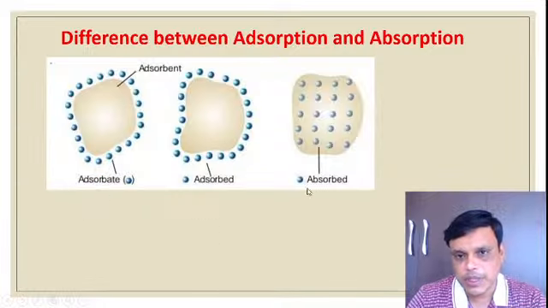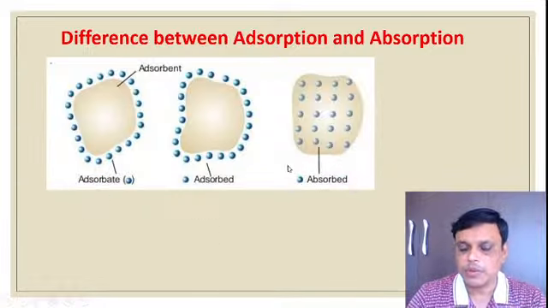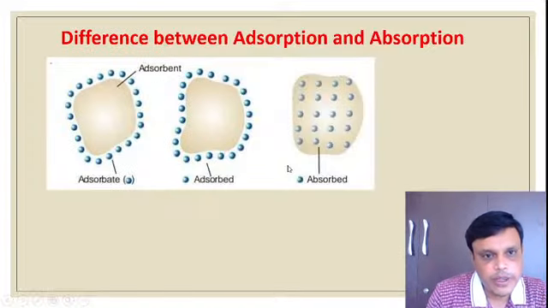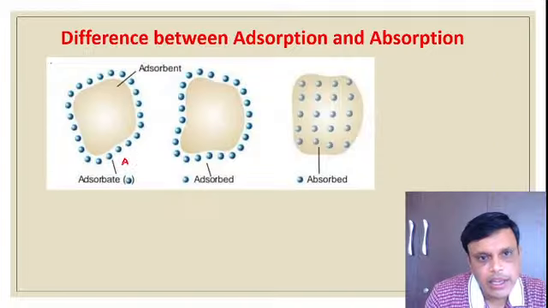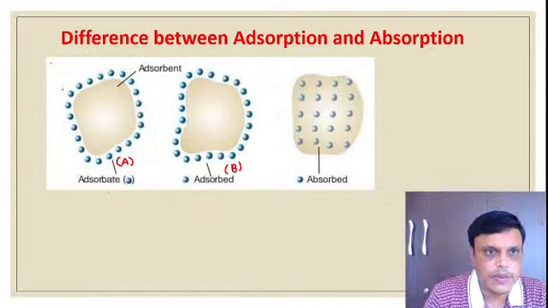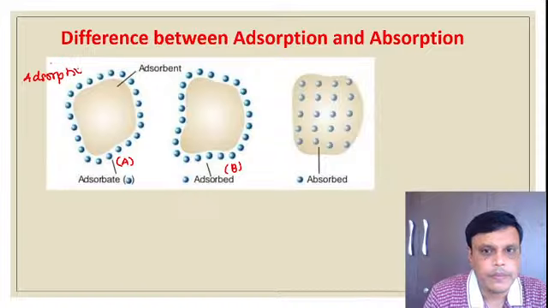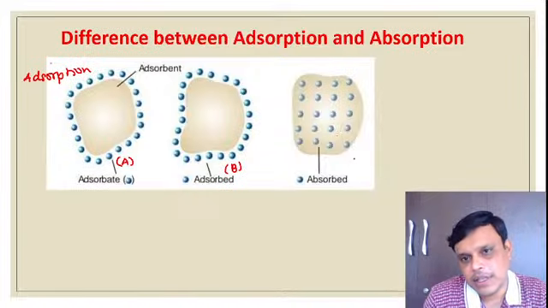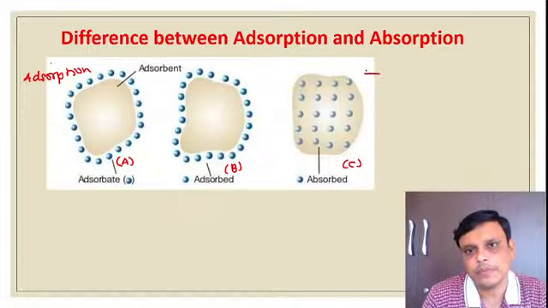And absorption, see here, this is absorption. So these two figures, I will call figure A and figure B, are for adsorption. And this figure, I will call figure C, is for absorption.